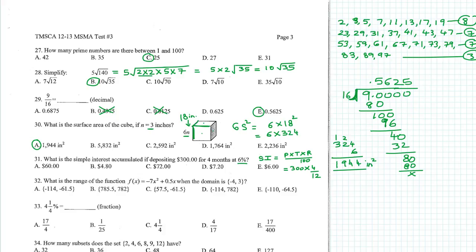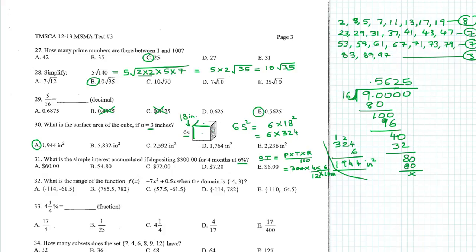And the rate of interest is 6%. So I would write 6 over 100. So let's see. We can cancel the zeros with the zeros over here, which means 300 divided by 100 is 3.